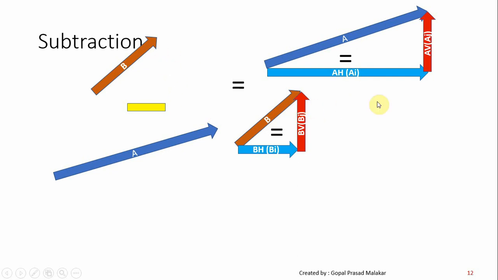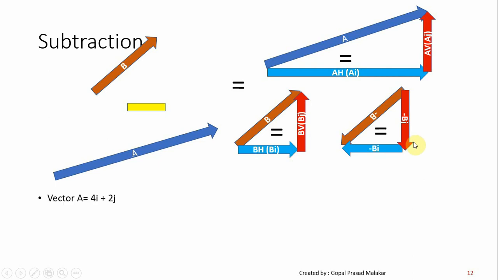So let's find what is minus B. This is minus B. If this is B, then this is minus B. And this is the minus BI, which is just the opposite of this, and BJ, which is just opposite of this. So essentially, each of the vertical component and horizontal component has just changed its direction, same magnitude. So then, how will you find A minus B?